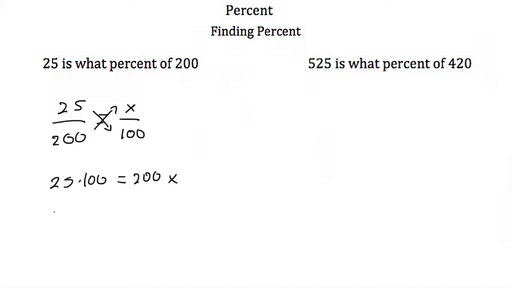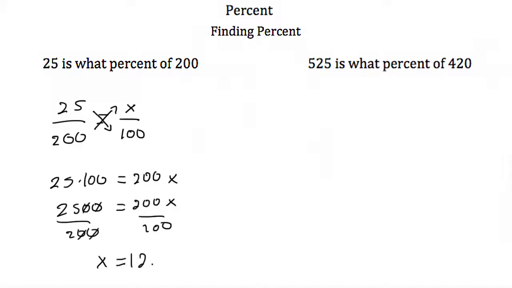Well, 25 times 100 is 2,500, which is equal to 200x. And if we divide by 200, we're going to get x is equal to 12.5. So 25 is 12.5% of 200.